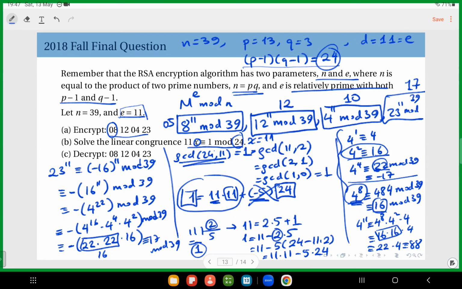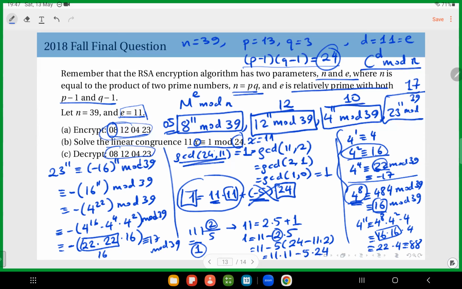If you recall, to decrypt a message using RSA, you need to know the D value, which we know to be 11 in this question. And what you need to compute is C to the power D under modulo N. Now, as you see, the C values, the code word given to us in part C, is exactly the same as the message value in part A. So in part A, we encoded this given message, and the result was 0, 5, 12, 10, and 17.